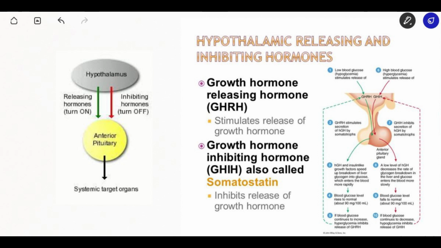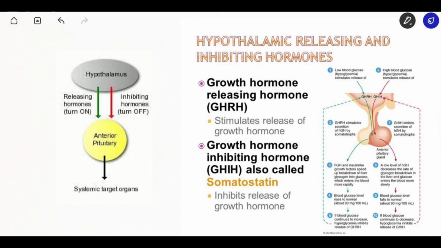Now let us discuss the regulation of anterior pituitary secretion. The hypothalamus controls the anterior pituitary by secreting the releasing and inhibitory hormones that are known as neurohormones. So what are those releasing and inhibitory hormones? The growth hormone releasing hormone will stimulate the release of growth hormone.